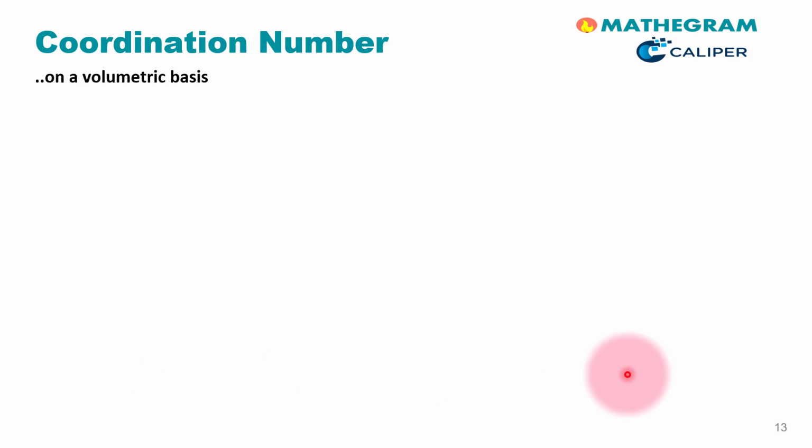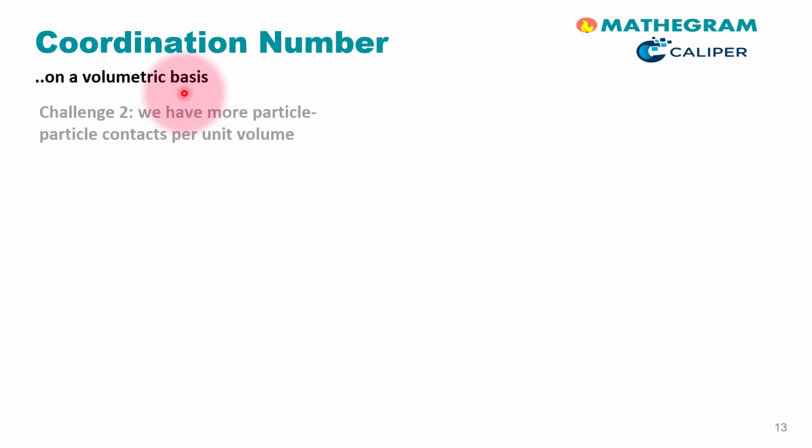And this is the coordination number or number of contacts on a volumetric basis. Specifically, what I mean is formulated as challenge 2 here: we have more particle-particle contacts per unit volume of particles in a polydispersed packing.